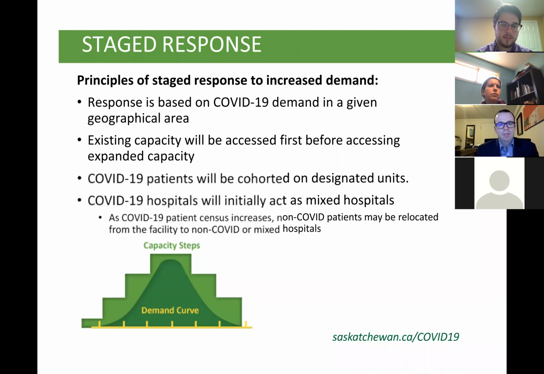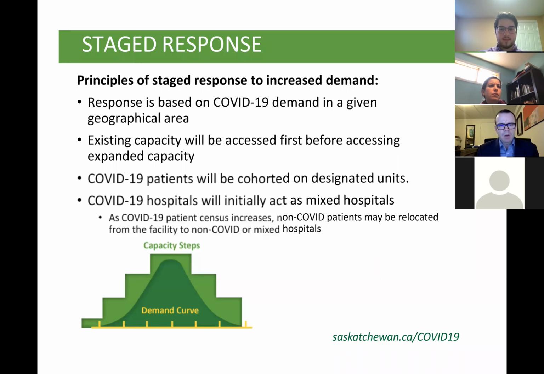If a hospital is designated as a COVID-19 hospital, it would initially essentially be a mix. So again, it wouldn't be just overnight that it would all of a sudden be a COVID-19 hospital. It would likely see a period where it had admissions for both COVID-19 and non-COVID patients, and the COVID-19 patients would be cohorted within an area of the facility. And then once it reached a certain point, it would expand to encompass the whole facility. But for a period, they would likely operate as a mixed hospital and have both COVID and non-COVID patients there.